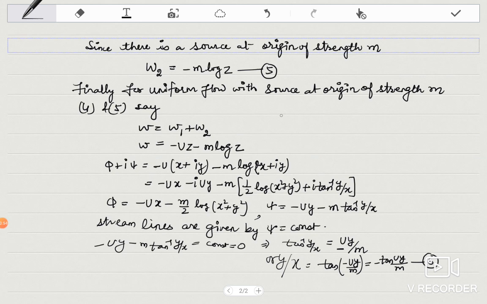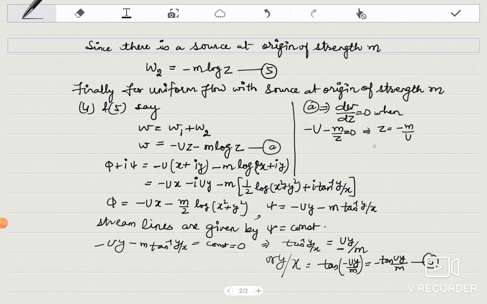So for the stagnation point, we use this expression A. A implies dW/dZ is equal to 0, because it is the condition for a stagnation point, when minus U minus m upon Z is 0, or when Z is equal to minus m upon U. You may write Z as x plus iy is minus m upon U. This implies at the stagnation point x is minus m upon U and y is 0.